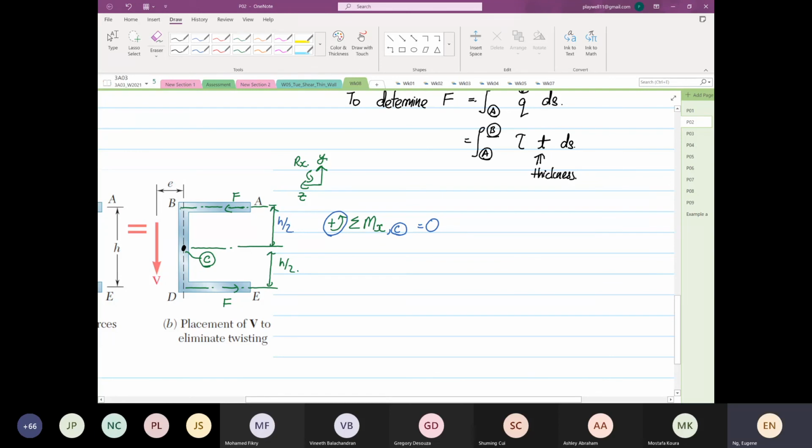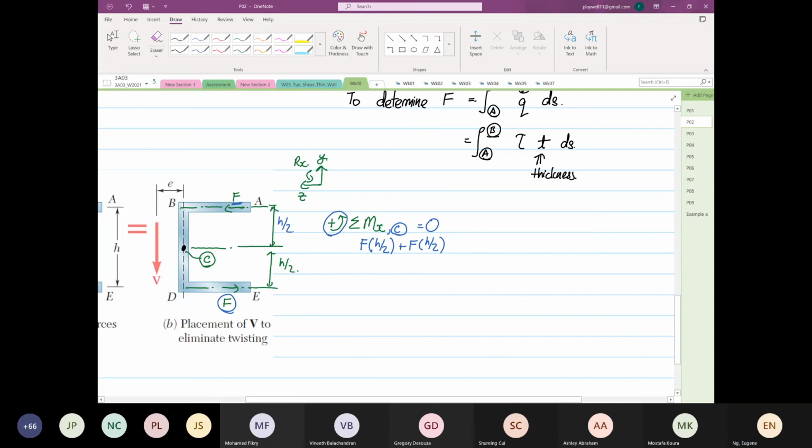The first F over here is going to generate a moment about point C that is anti-clockwise, so it's positive. So force F multiplied by H divided by 2, and then the bottom one, the same thing, plus F multiplied by H divided by 2.